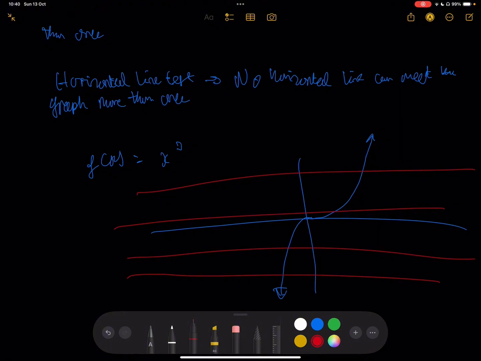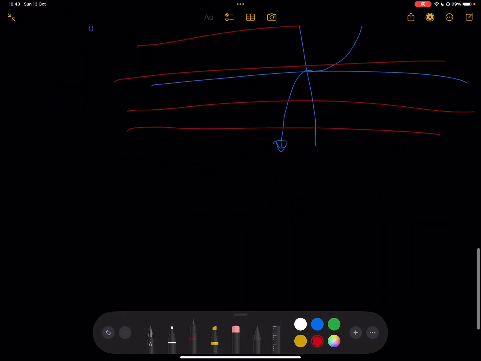Now, if a function is one-to-one, it will have an inverse function.